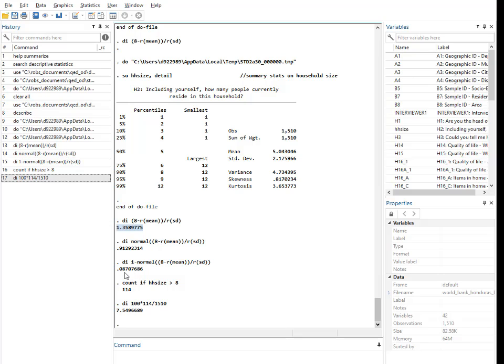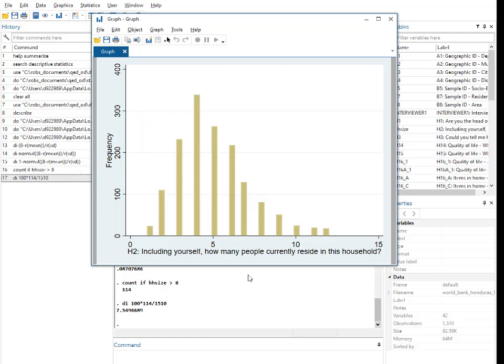If it was normally distributed, you'd expect about 8.7% above that figure of 8. You've actually got 7.5%. So that's these ones here. So it's actually slightly fewer. From the graph, it looks as though there's more than you'd expect coming out to the right, but it's actually very slightly fewer. It's hard to judge when it's that close by eye. So it shows that it's not very far away from a normal distribution.